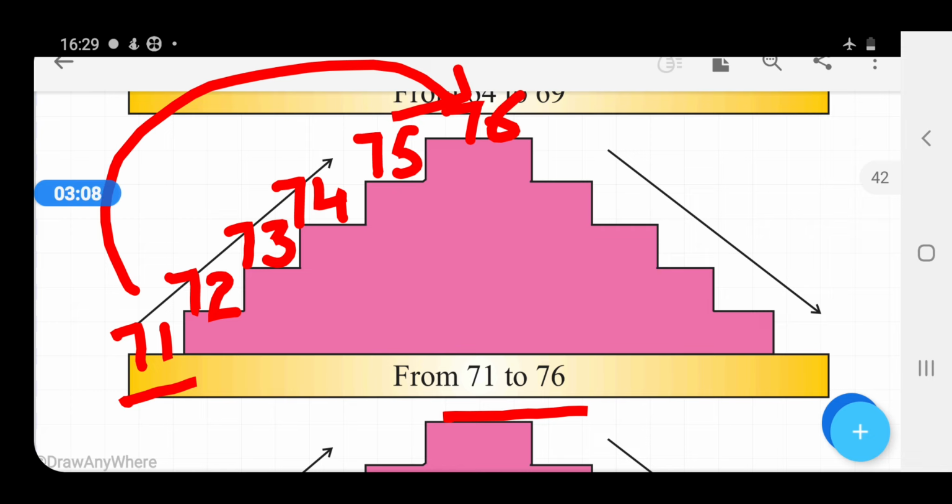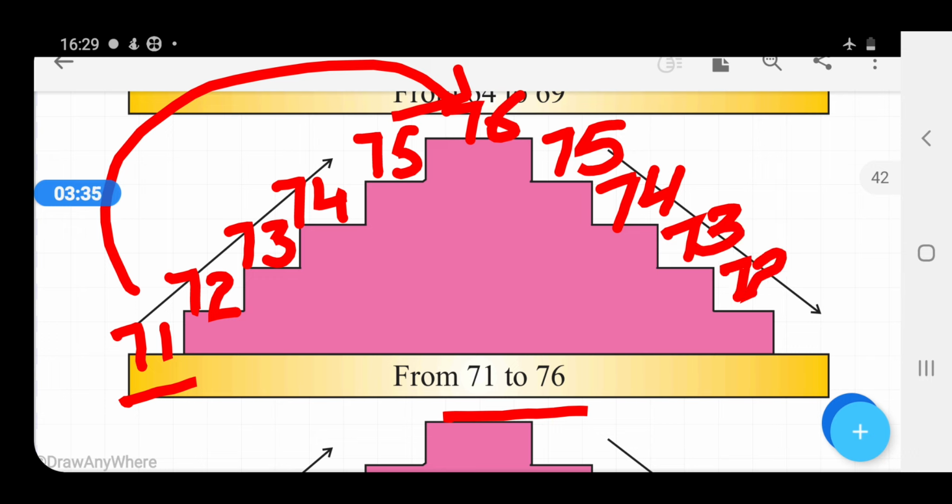76 has already been written. What comes before 76 in descending order? 75. In backward counting also, what comes before 75? It's 74, and before 74 it's 73, before 73 it's 72, and before 72 it's 71.